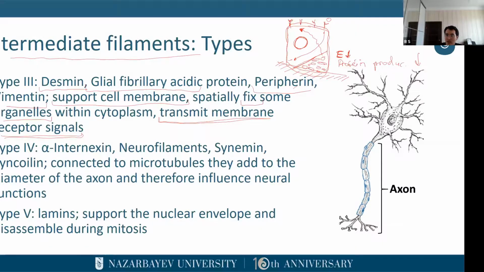Let's say they change the structure, and this change goes through all of these filaments, and when it reaches this part, here is the sensing molecule that understands that the change of shape of this intermediate filament happened.